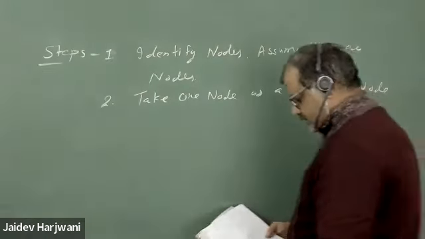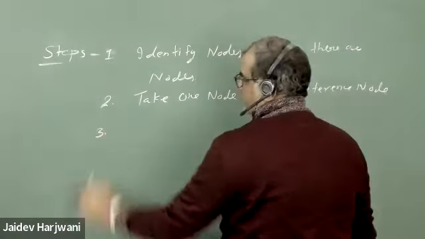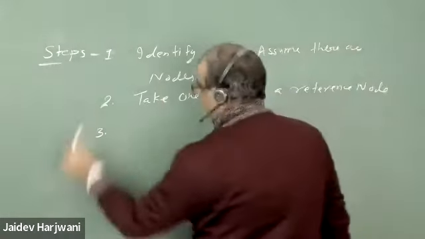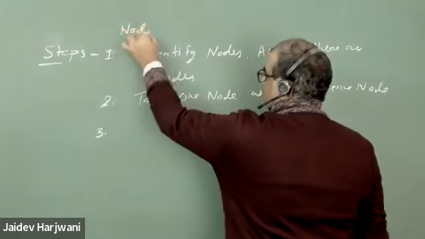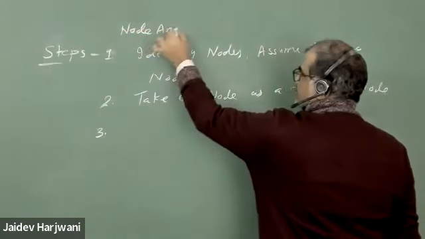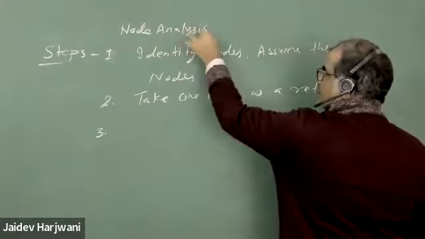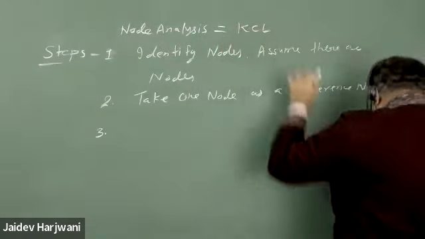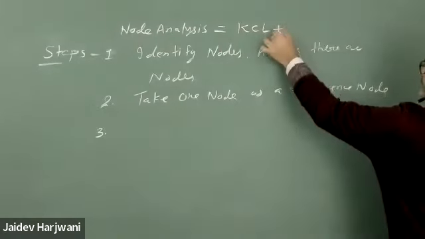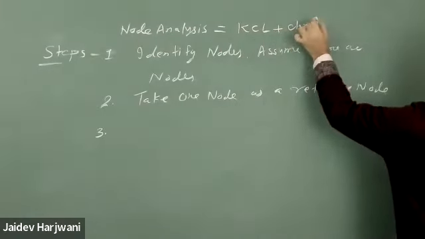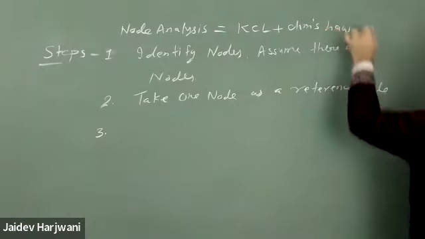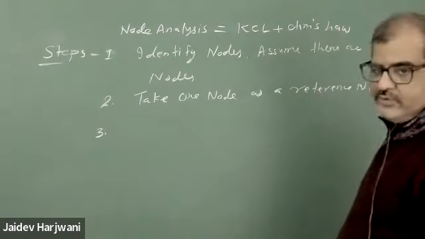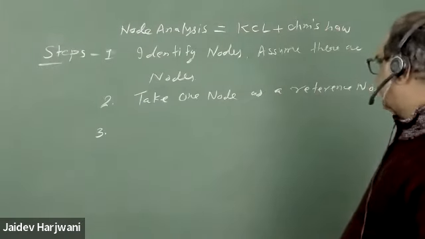Then you have to apply KCL. Basically, the node analysis technique is equal to KCL plus Ohm's law. You have to apply KCL at the nodes and, along with that, use Ohm's law to write the equations.